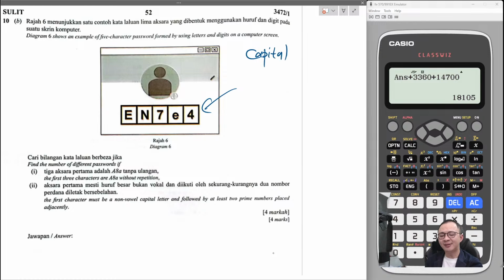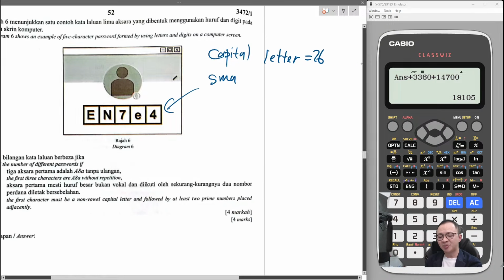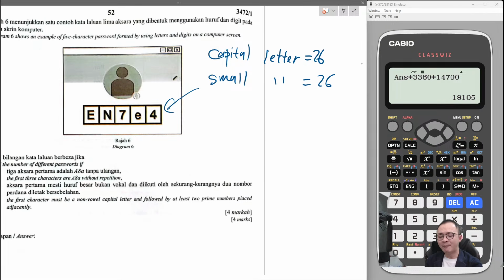For capital letters, we have 26. For small letters, same thing, 26 letters. For numbers 0 to 9, we have 10 digits. You need to know all these numbers, if not, this one is a bit hard for you.